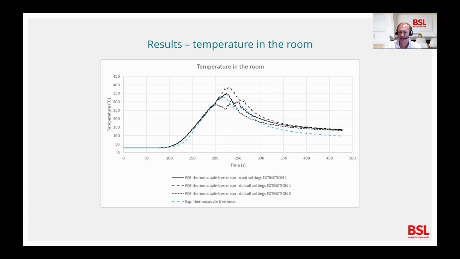The black line in the top is from a simulation using the default setting for extinction model 1, which leads to an overestimation of the mean temperature. The black line in the middle is the used setting, which is extinction model 1 in combination with adjusted settings regarding free burn temperature and lower oxygen index.